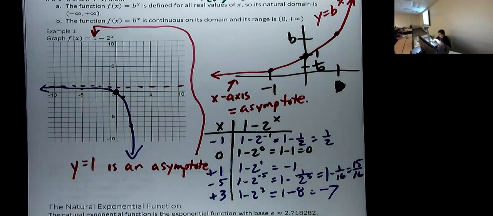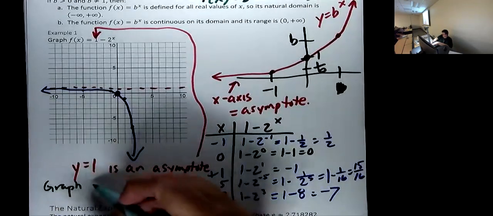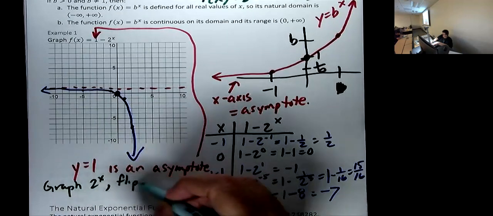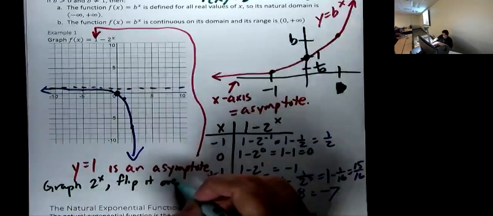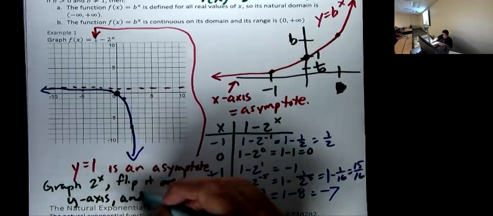A faster way of graphing this, if you're quick and comfortable doing it: graph 2 to the x, flip it over the y-axis, and then add 1.